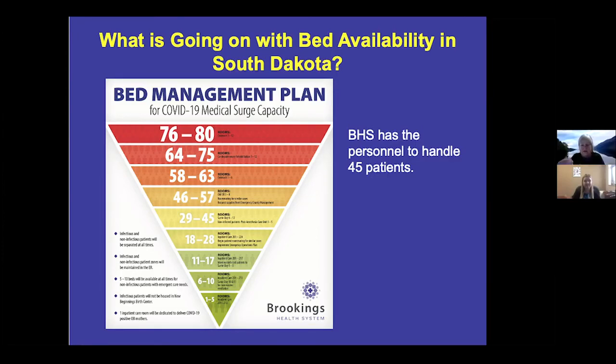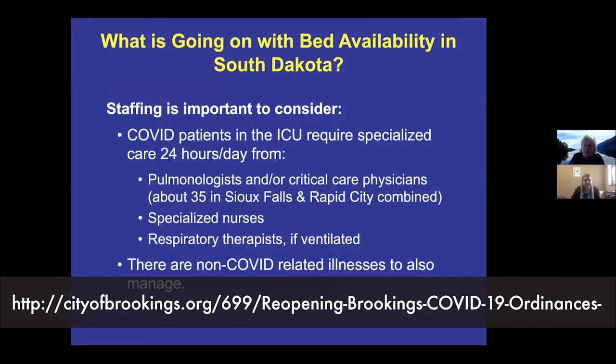If they can get the staff, they could take it up to the 80. So they enter that data into the system when there is a change in what they feel their surge capacity is. And we do, by the way, put that in the city threshold report on a weekly basis that the city posts. We have the surge capacity, or whether or not the health system feels that they can handle a possible increase in the number of cases.